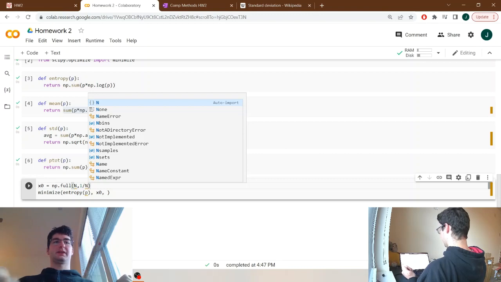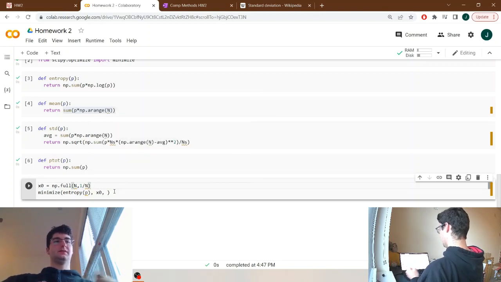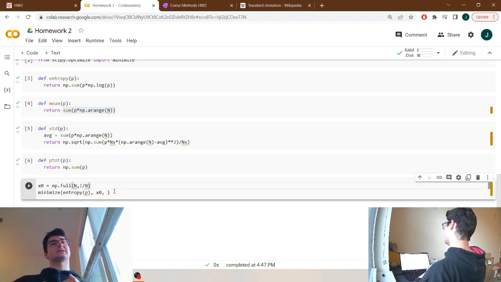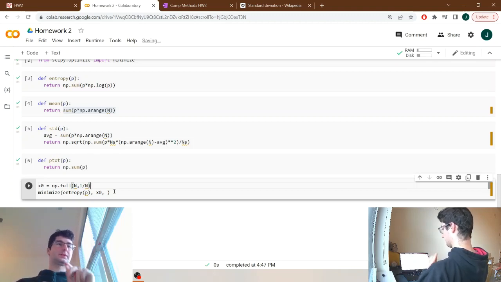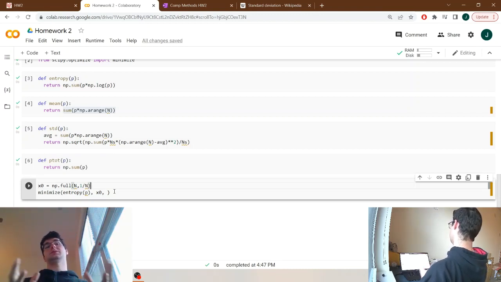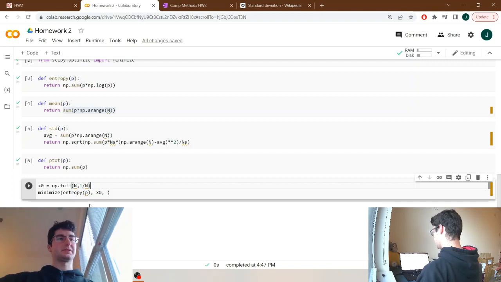So what I mean by that is, if n is going to be 10, then each probability is 0.1 for each of the intervals, and that gives the minimization function a place to start, which is reasonably close to what it might be, but we'll see what it ends up being.